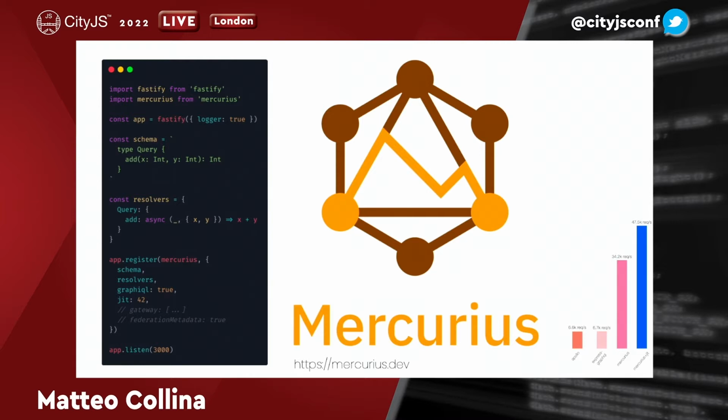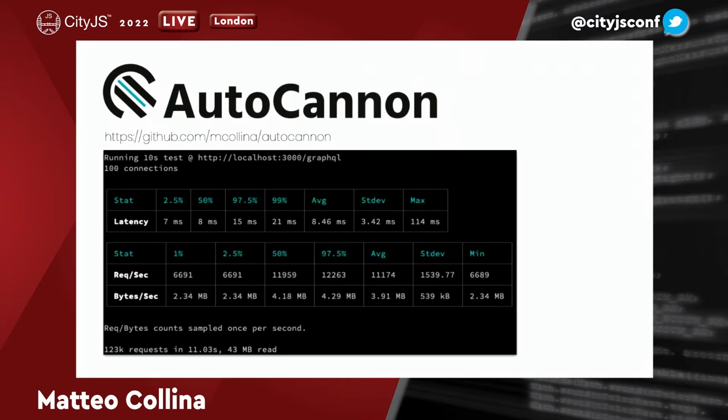What does this mean? It means that it uses just-in-time compilation of your GraphQL queries. So basically, it turns your GraphQL queries into JavaScript code, and it actually runs that code. This means that it's significantly faster than almost anything else you can use in Node.js, at least by default.